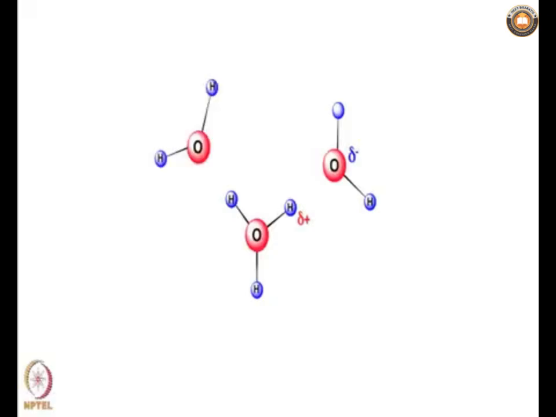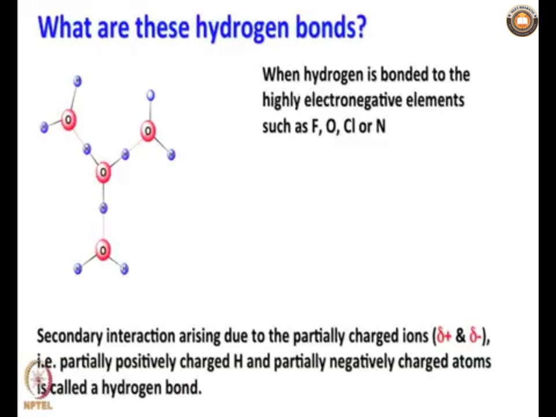Similarly another one comes and orients next to another hydrogen atom, and one more can come towards another hydrogen atom, and you can establish an arrangement like this. Now, they establish an interaction between the oxygen lone pair and hydrogen, and these interactions are called hydrogen bonding interactions. So this is where the origin of the hydrogen bond comes.